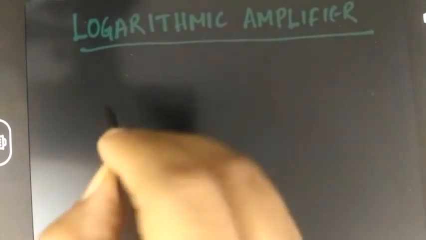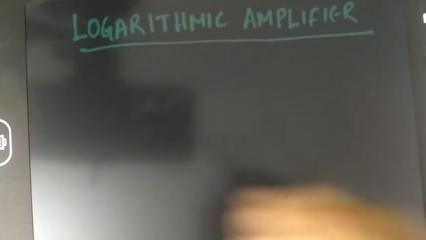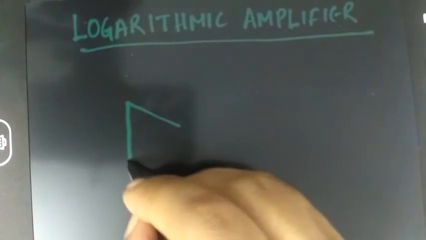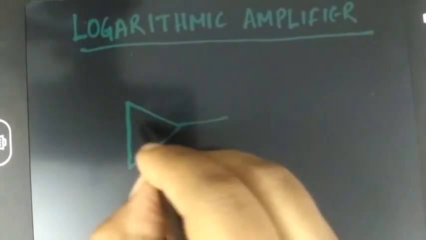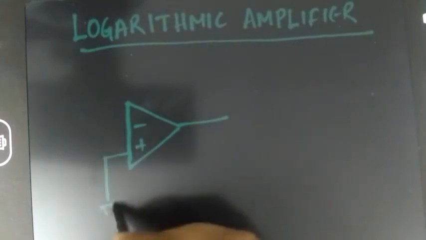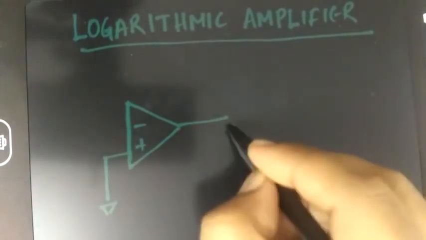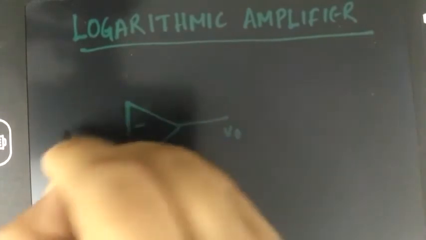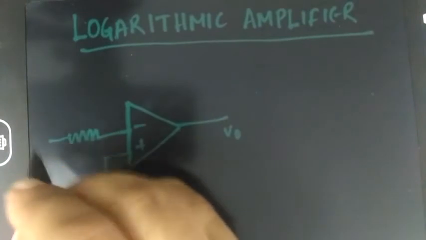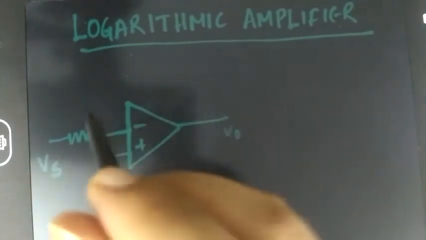So the circuit for the logarithmic amplifier is like this. We will ground this terminal 3, and in the inverting terminal we'll apply a voltage.